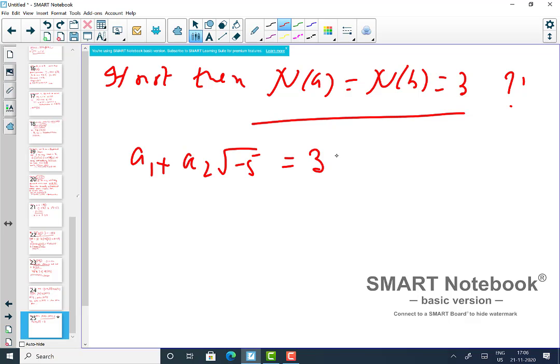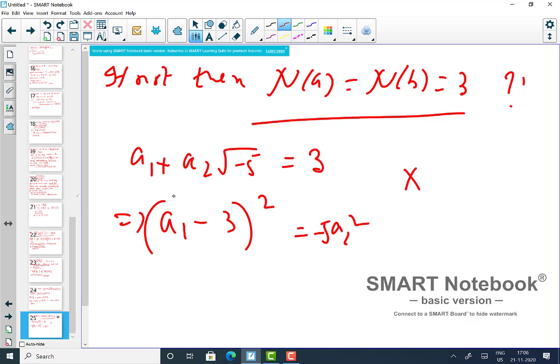If you can write it like this, then you can have a1 minus 3, that whole square, equal to a2 square minus 5 a2 square. Now you just simplify the equation, and you see that this is not possible. There does not exist any integers a1, a2 such that this is true.